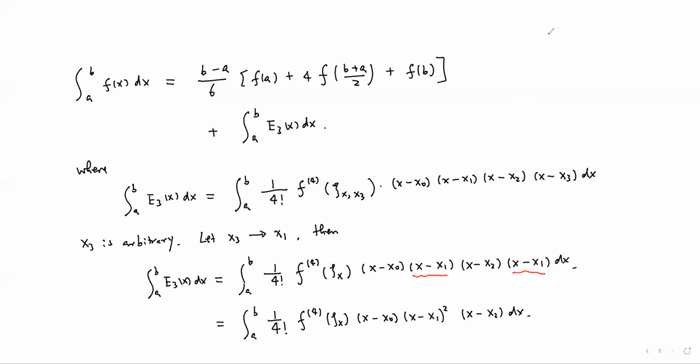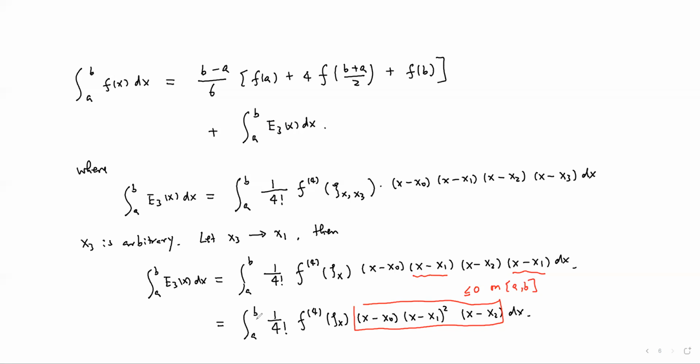Notice that for this function, x minus x0 is a, x minus x2 is b, and x1 is the midpoint. This function is always non-positive on the interval AB.